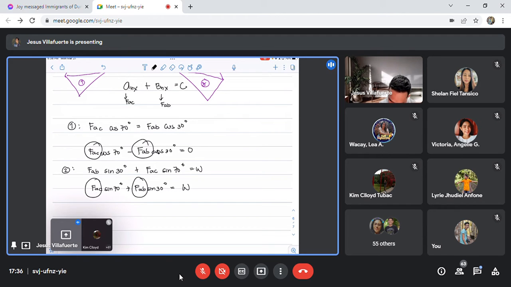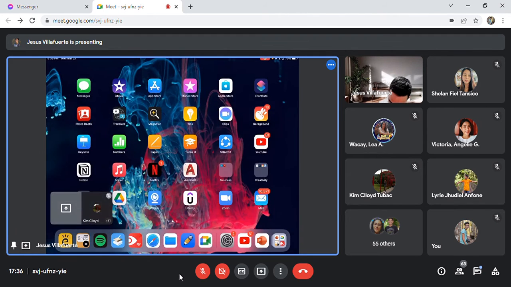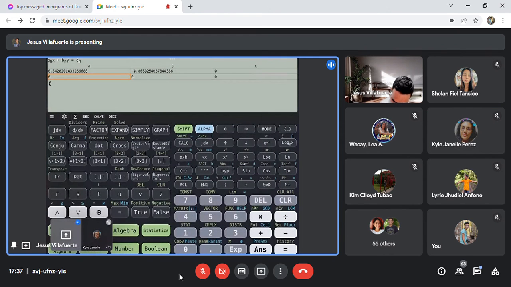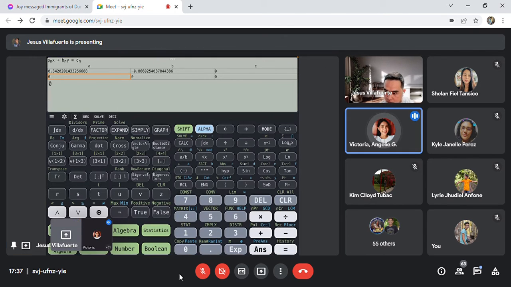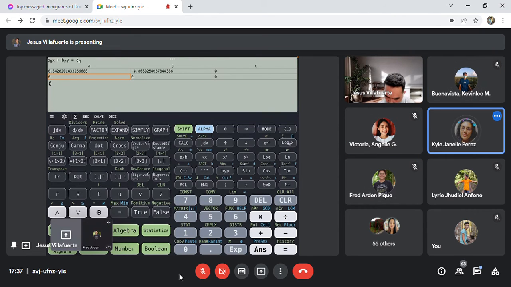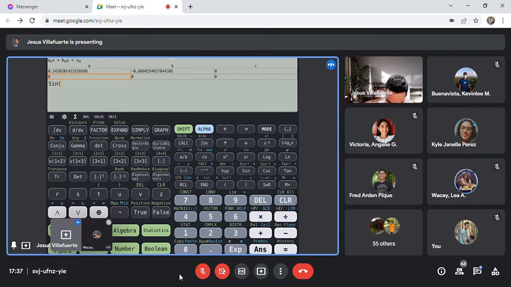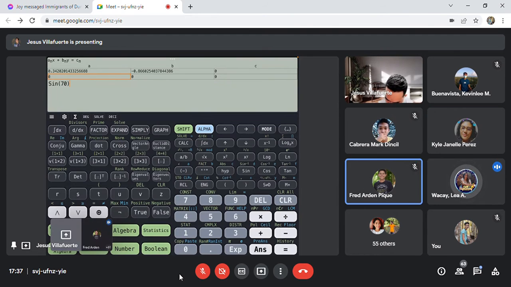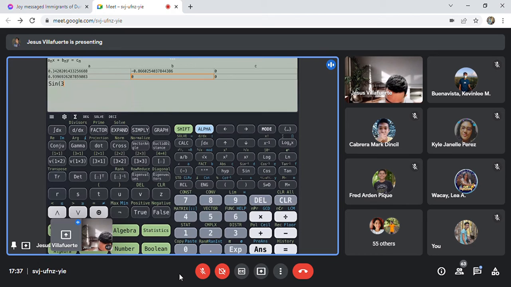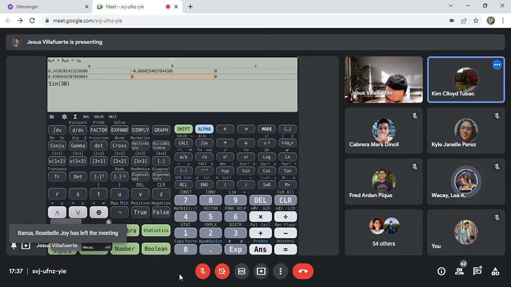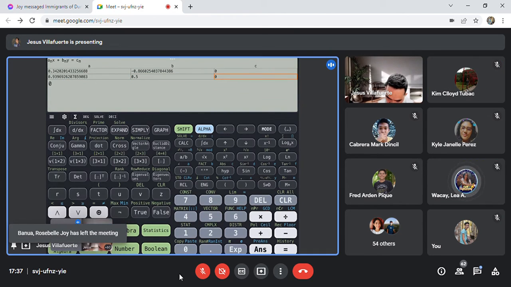So A is sine 70 degrees. And then our B is sine 30. And our C is 1.